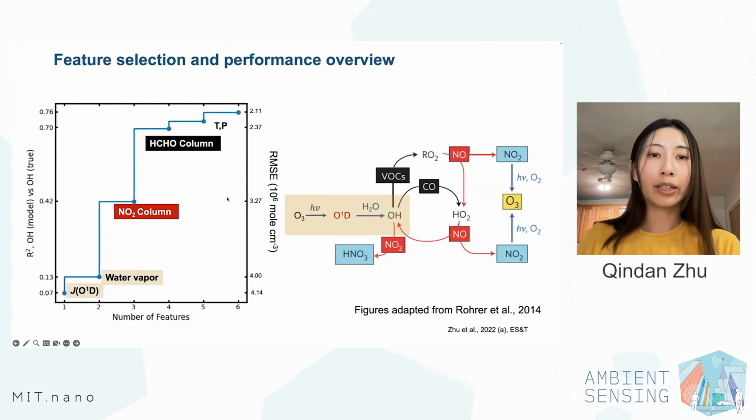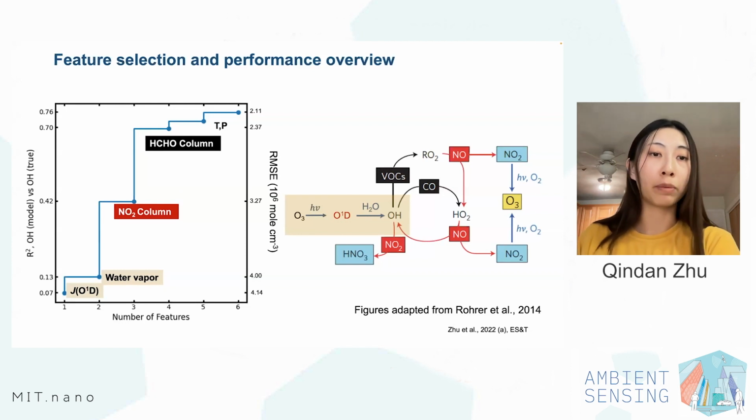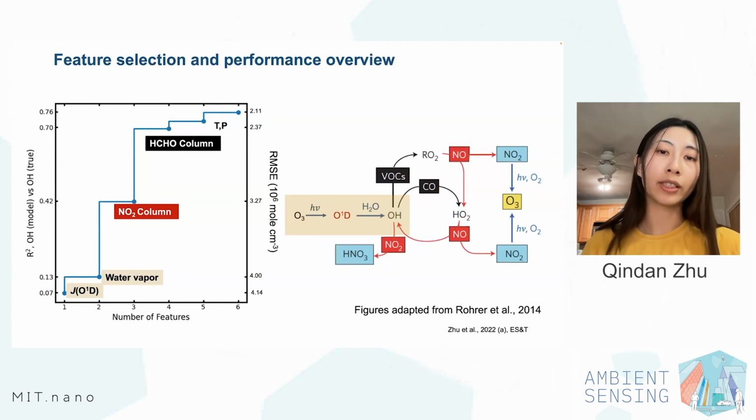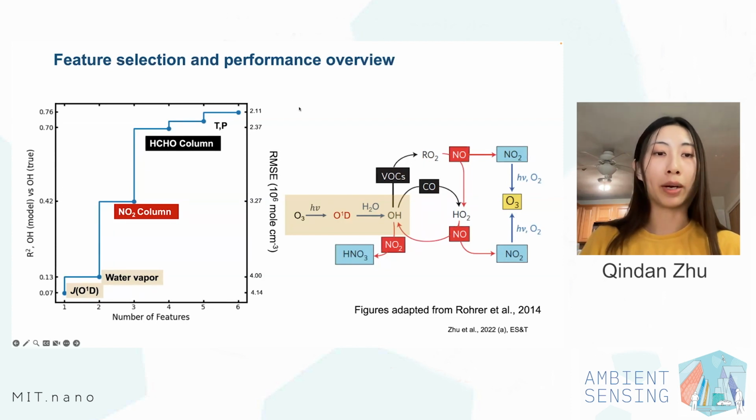The finalized machine learning model with these 6 input features yields a correlation coefficient of 0.76 and a root mean square error of 2.1 times 10 to the 6 molecules per cubic centimeter, by comparing the machine learning model predictions against the OH directly from the model simulations, demonstrating that this machine learning model is a good representation of the OH chemistry from this computationally expensive chemical transport model.